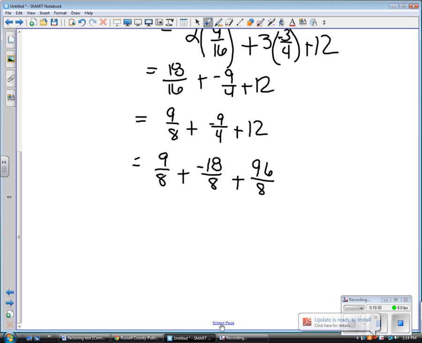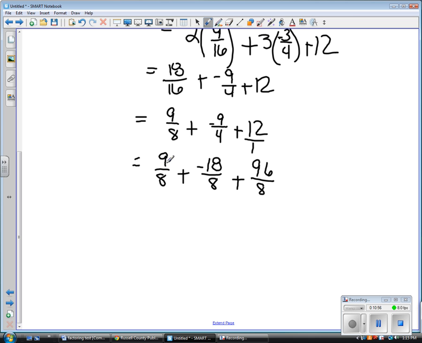I'm just getting a common denominator between everything. I got a common denominator of 8, which told me I needed to multiply the bottom by 2. And if I multiply the bottom by 2, I have to multiply the top by 2 because 2/2 is 1. So I'm just making him look different, but it's the same number. Okay? Then I did this one by multiplying it by 8.